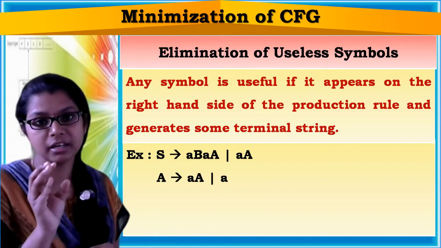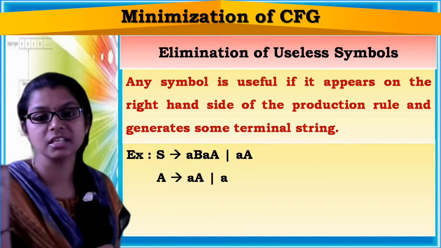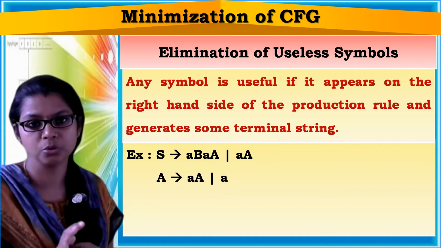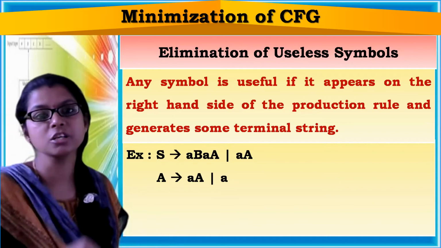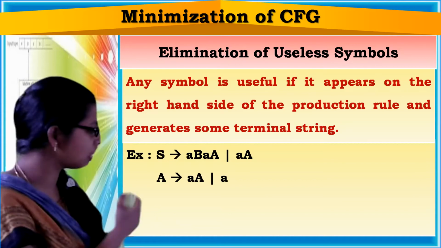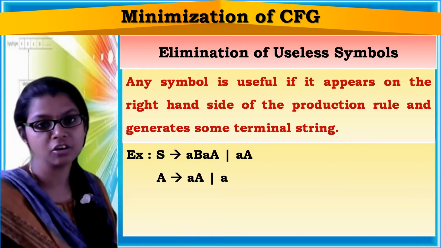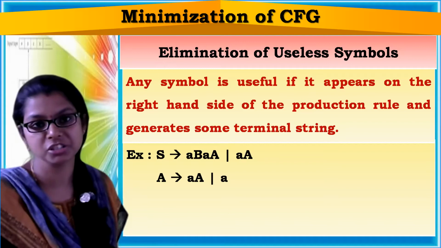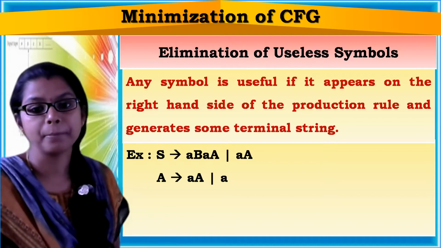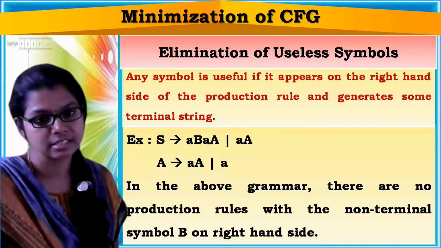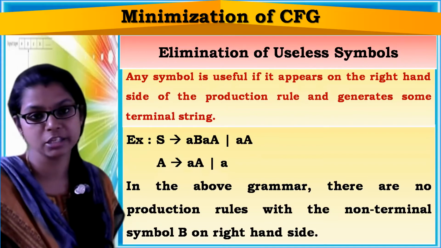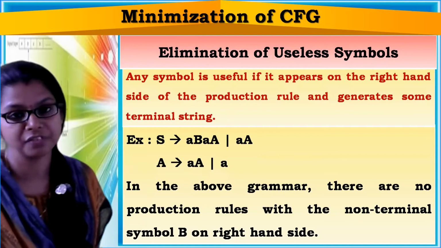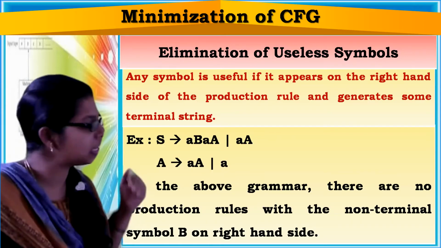So if a symbol is not present on the right side of a production rule, it is useless; if it is present on the right side, it is useful. B is not present on the right side of any production, so B is a useless symbol, and we have to eliminate B.